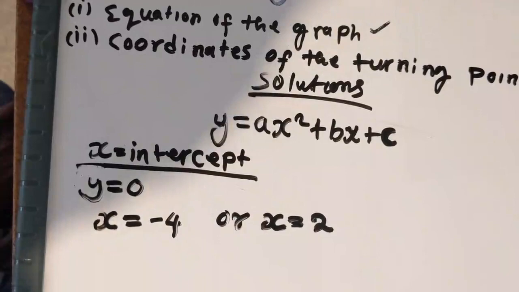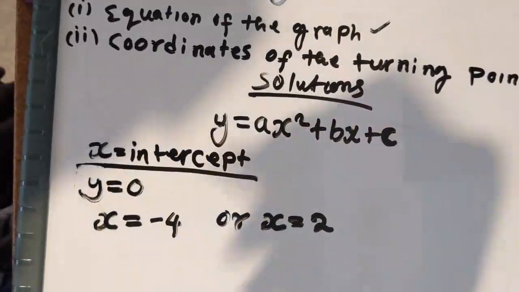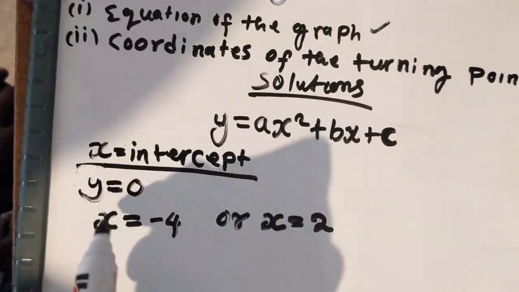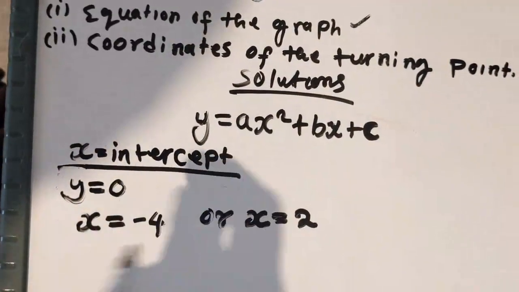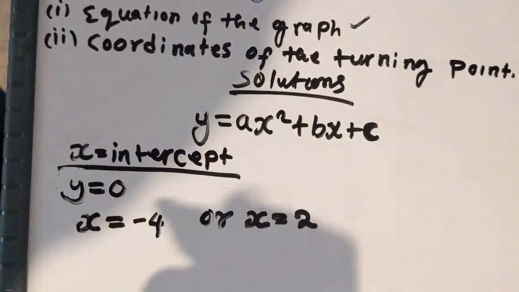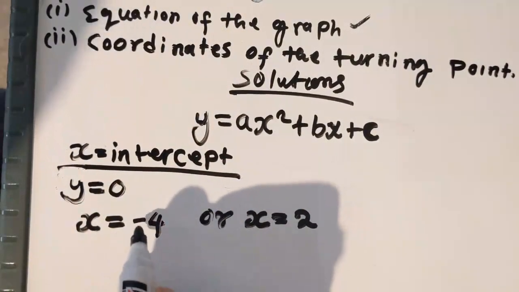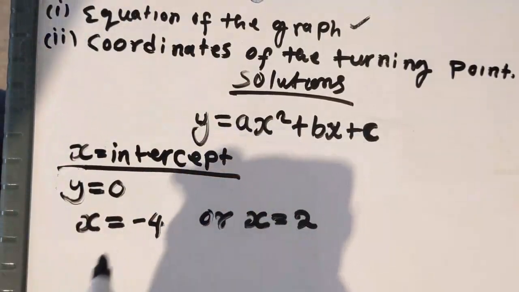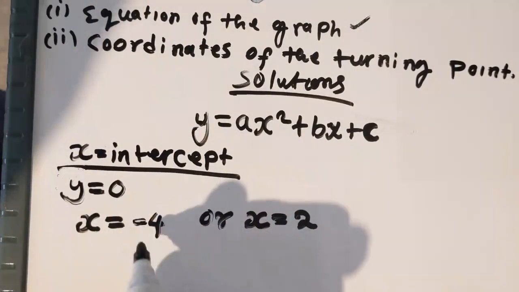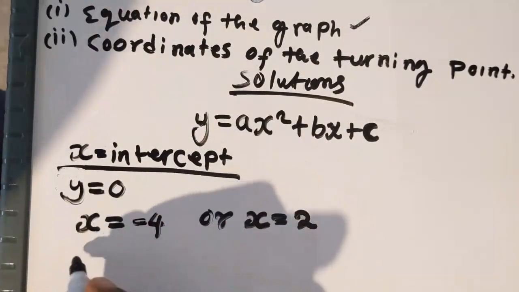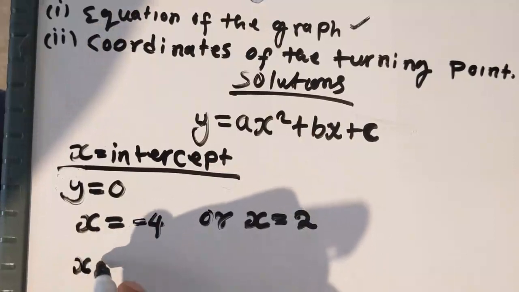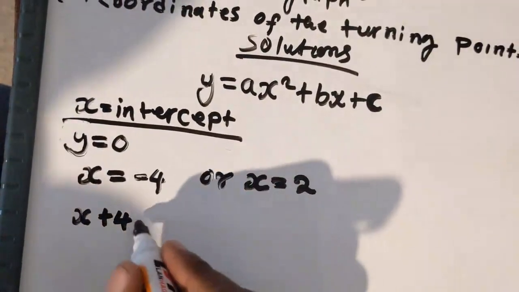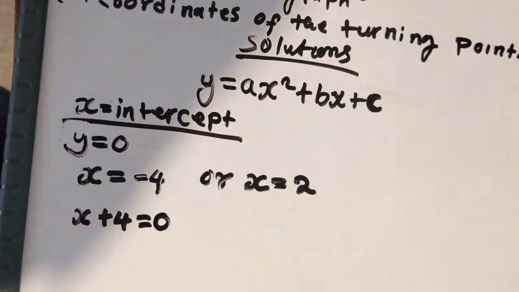There was also a point which made them to reach here. There was a point for them to have -4, meaning that it was like this: x plus 4 is equal to 0.